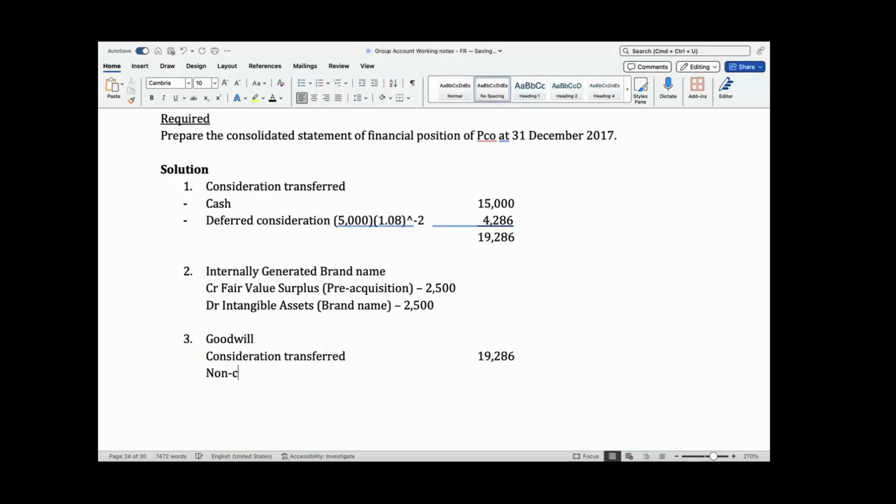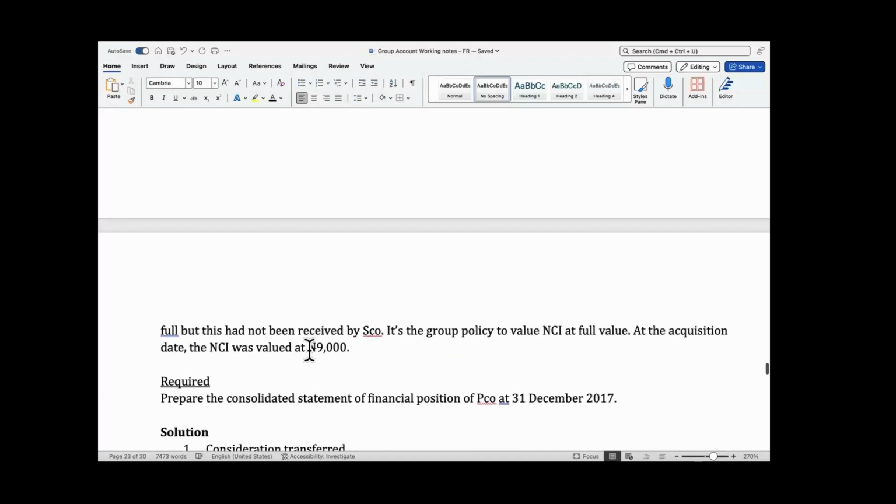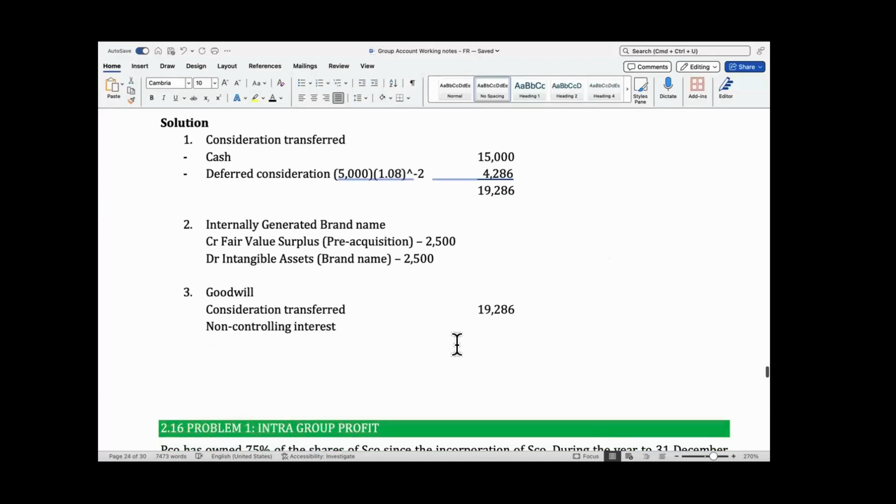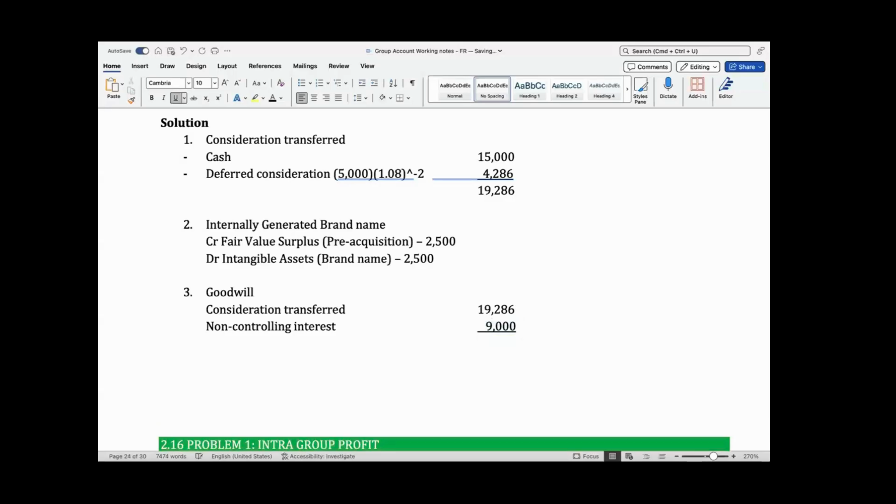I will add the non-controlling interest. They said it's measured at 9,000, so I will have 9,000. What does that give us? That's 28,286.